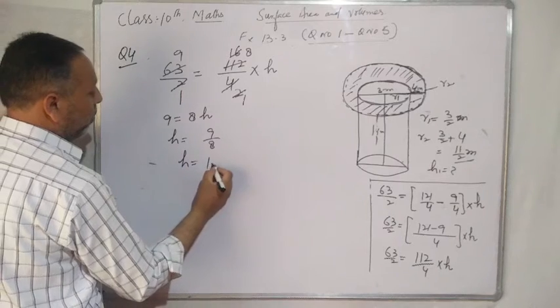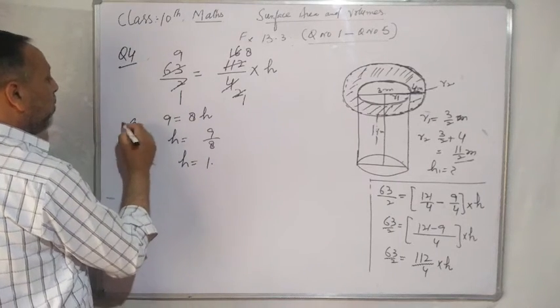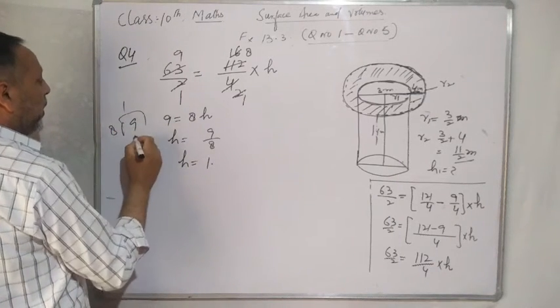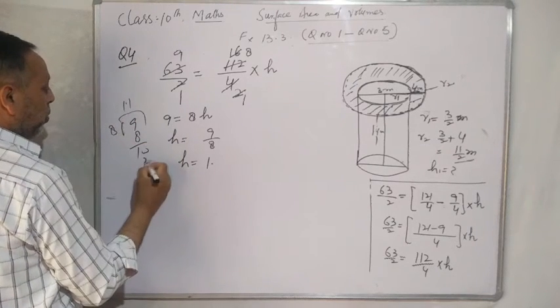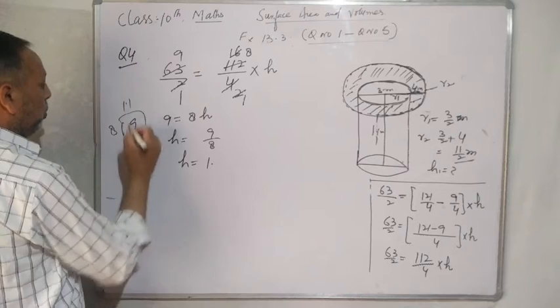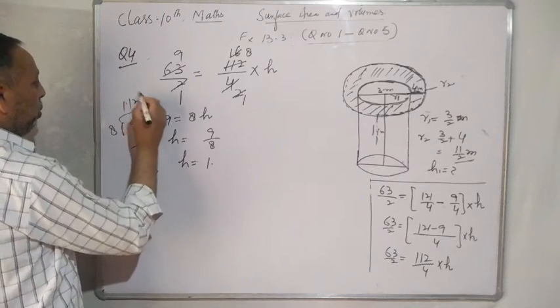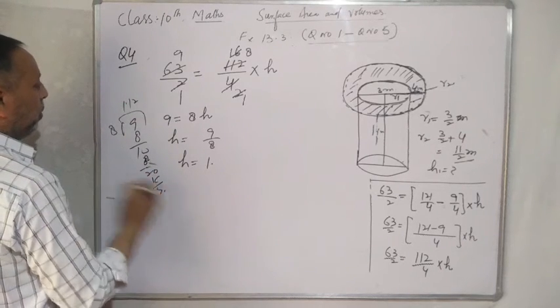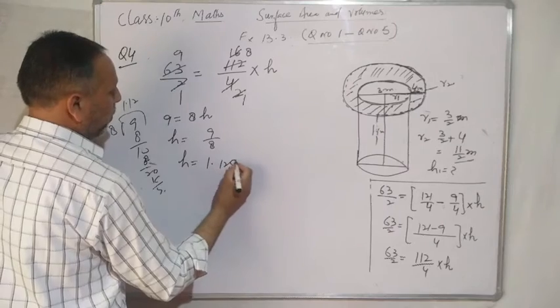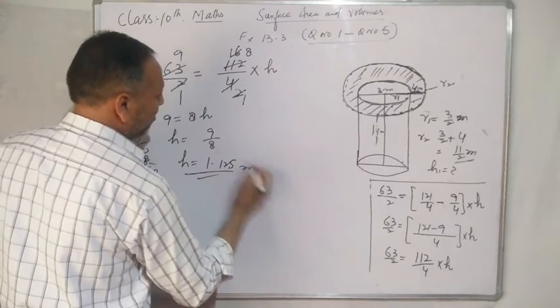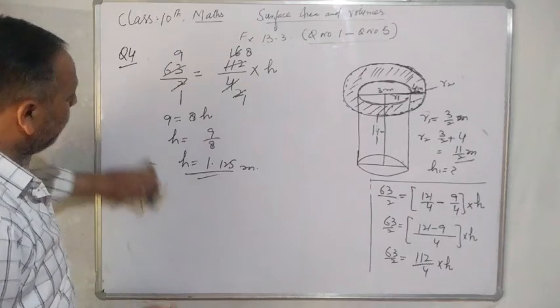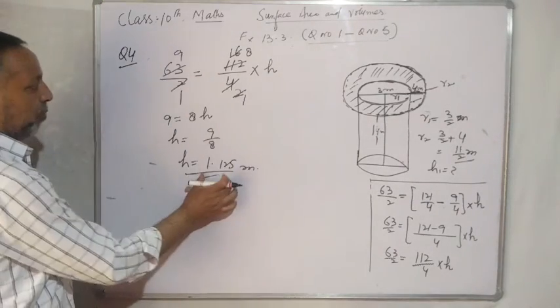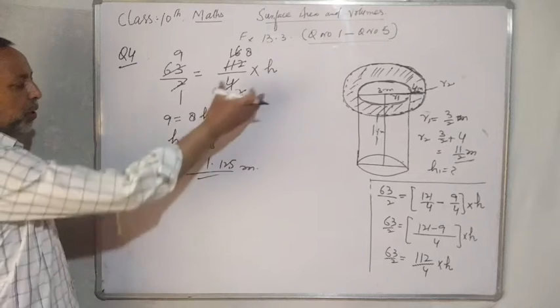H is equal to 1.125 meters. So height of the embankment is 1.125 meters.